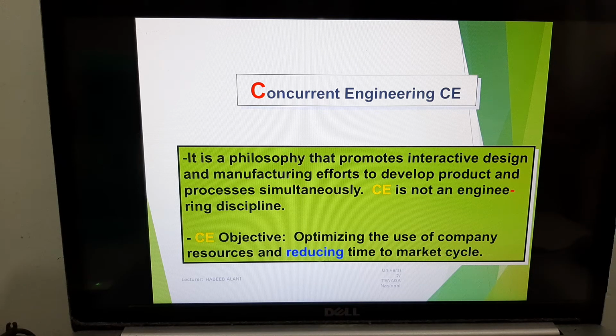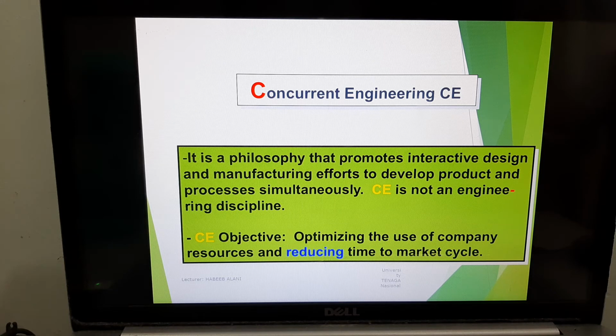What is concurrent engineering? It is a philosophy that promotes interactive design and manufacturing efforts to develop product and process simultaneously. So concurrent engineering is not an engineering discipline. The objective of concurrent engineering is optimizing the use of company resources and reducing time to market cycle.